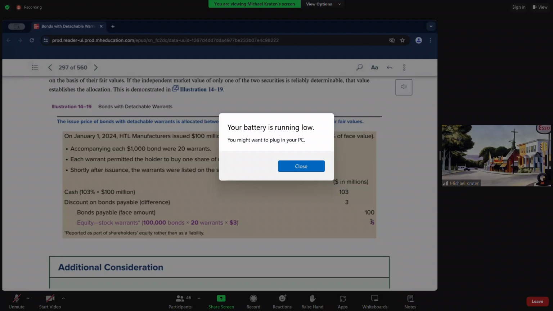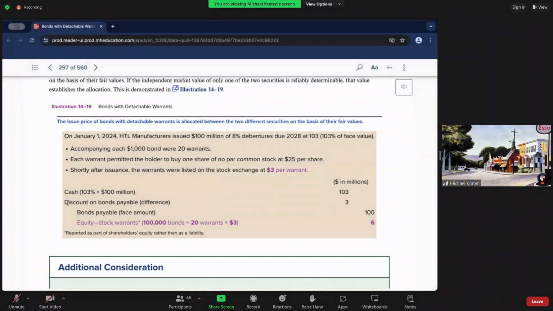If I'm getting 103 of cash for $6 worth of warrants and the debt itself, then the value of the debt itself is 103 minus 6, or 97.